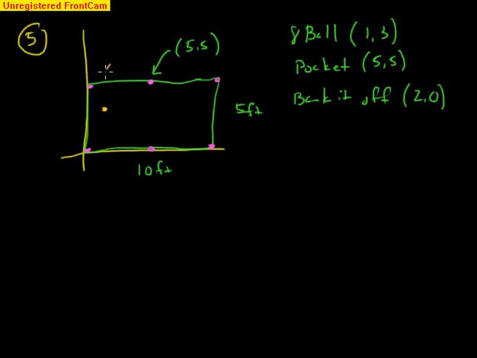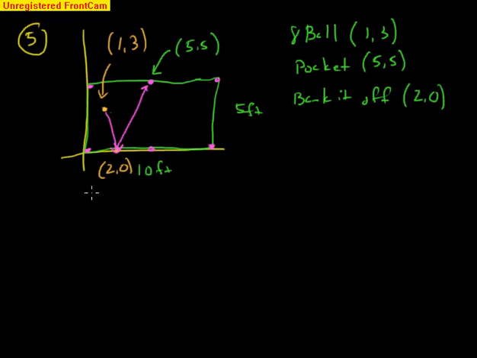I'm going to bank it off of the side right here at 2, 0. So the question is, does this path work? Going off the side of the wall into the side pocket.